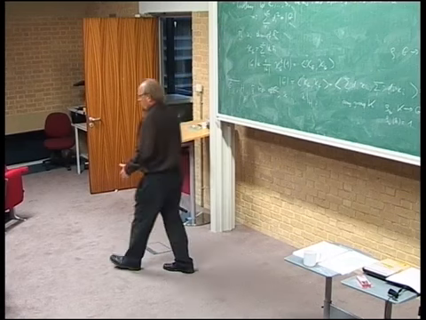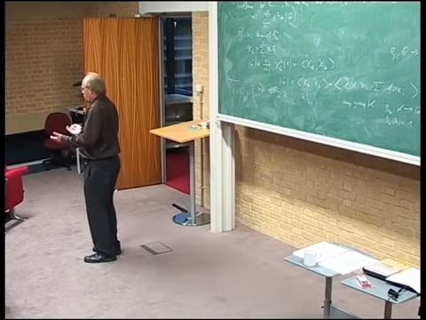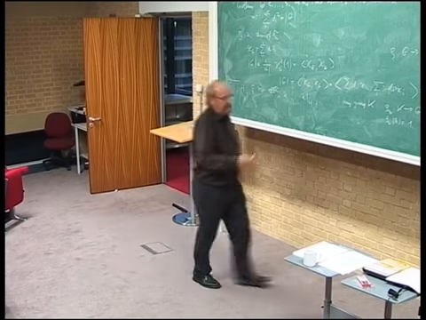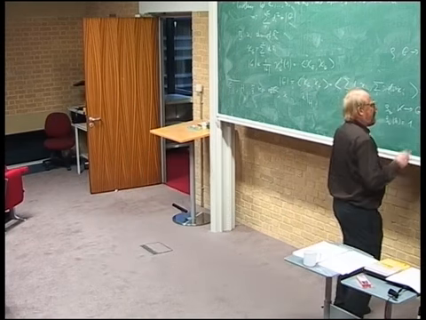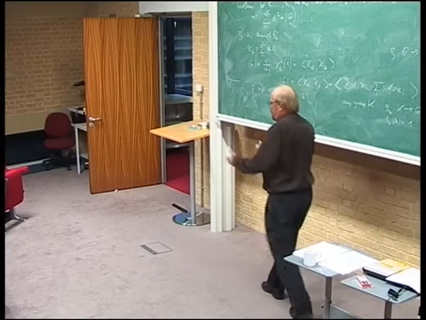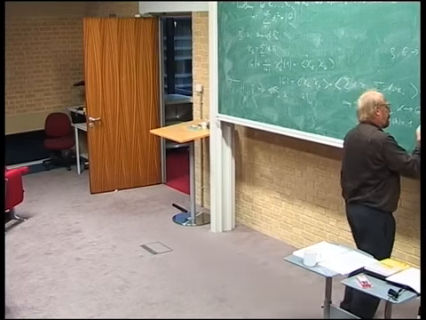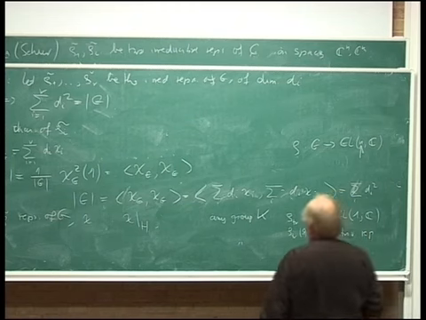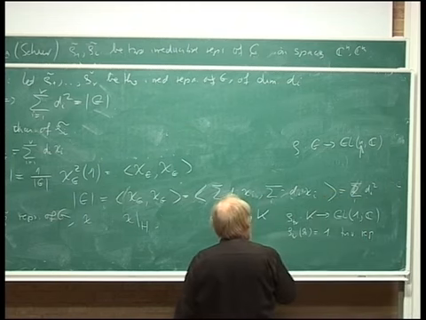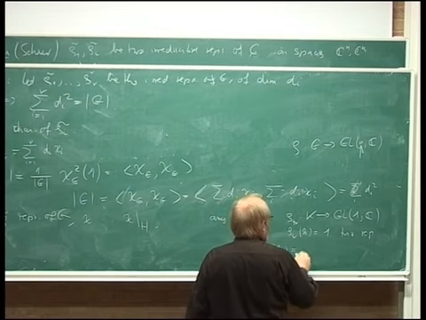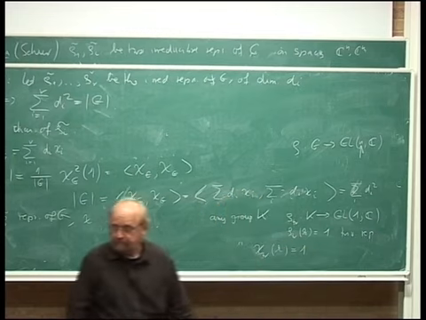This is a representation which maps every element onto the 1 in C, a 1 by 1 matrix, a linear map on C. So this is a trivial representation. The trivial representation has a trivial character, which is for each element 1.